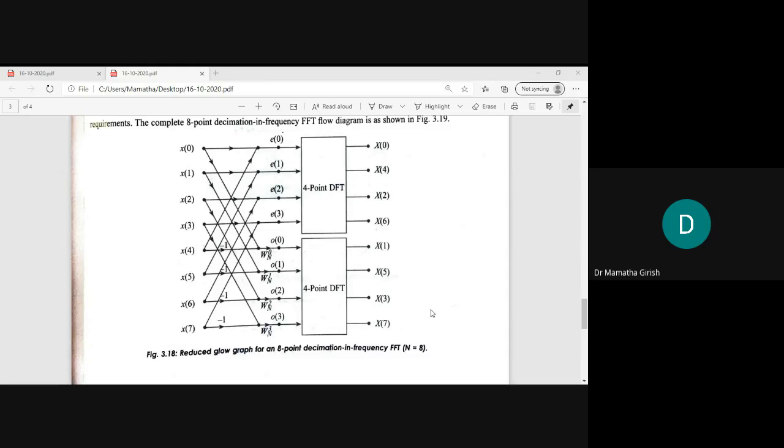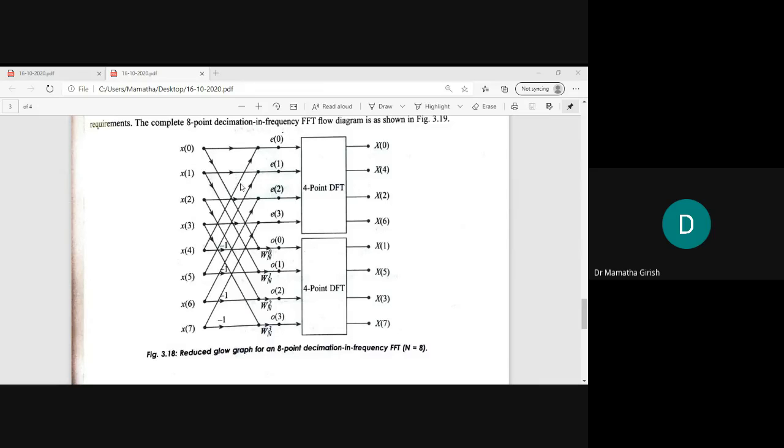But here at the end, after all the stages, whenever you are collecting the frequency samples output, note that the frequency samples output are in the bit reversed order. Okay, so that is what you must keep in mind. The input samples are in the regular order, whereas the output samples will be in the bit reversed order. This is the signal flow diagram at this stage of computation.